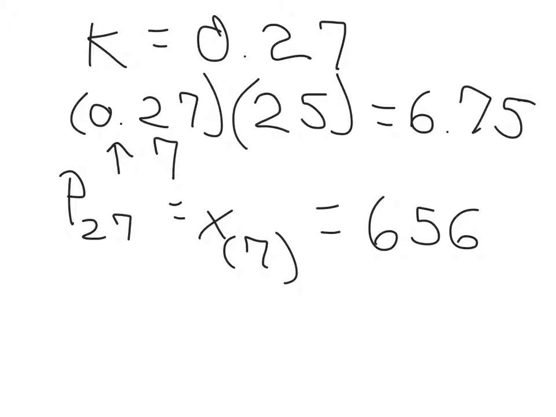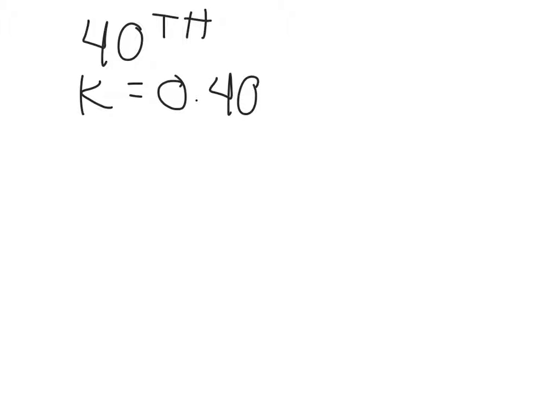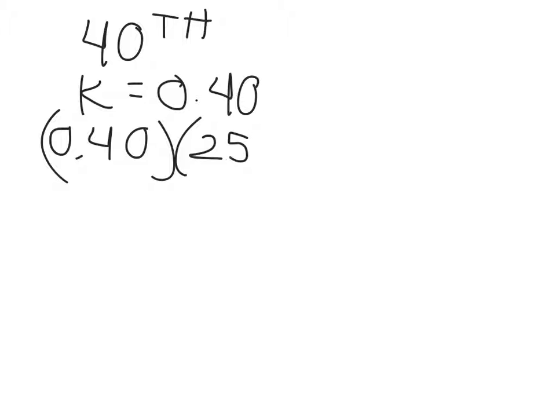Now let's try the 40th. Hope you're okay with this. So the 40th percentile, that means K is equal to 0.4. So you're going to have 0.4 times n of 25. And then, there you're going to have 10.